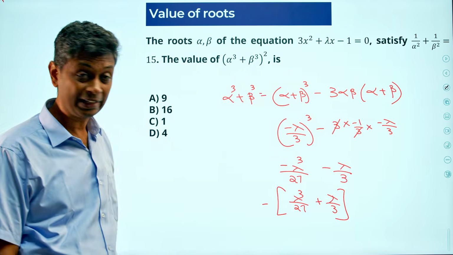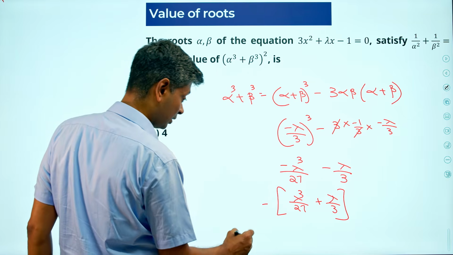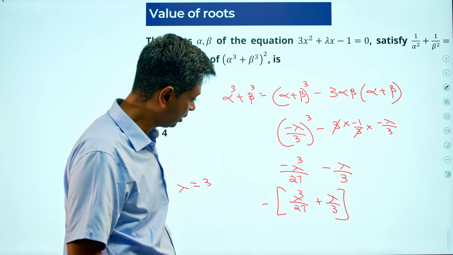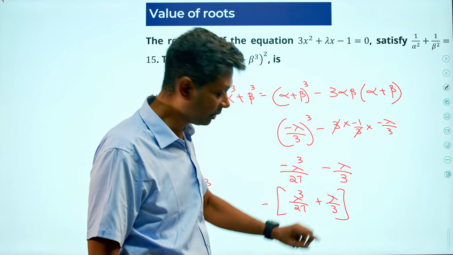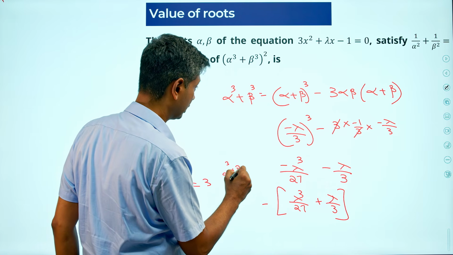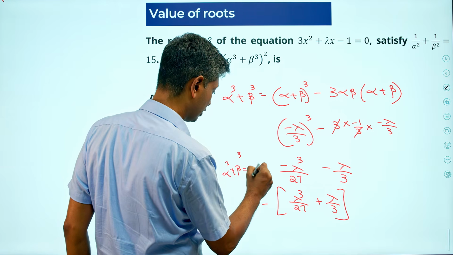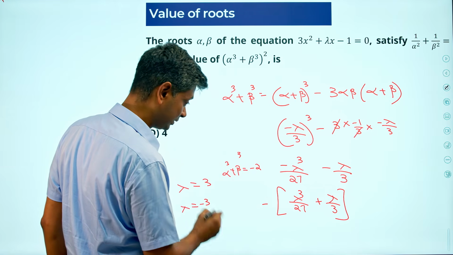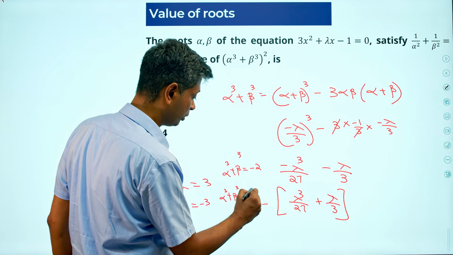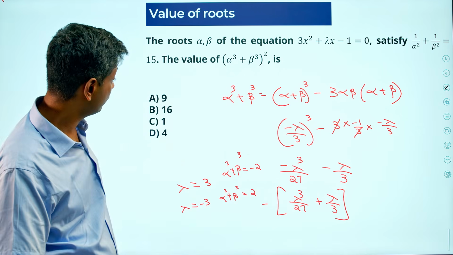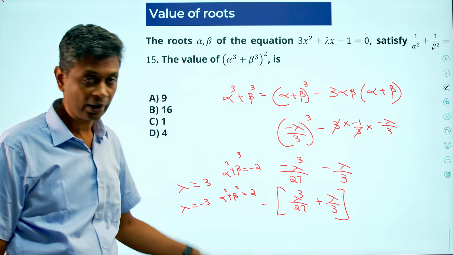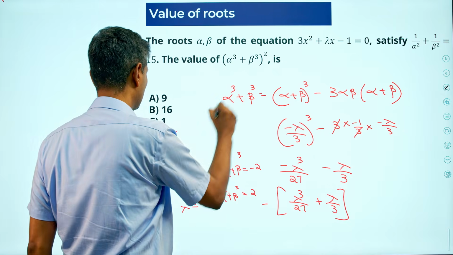If we put lambda equal to 3, alpha cube plus beta cube will be 27 by 27, 3 by 3, 2, so we get minus 2. If we put lambda equal to minus 3, we get alpha cube plus beta cube to be 2. We're interested in alpha cube plus beta cube whole square, so either minus 2 squared or 2 squared, both end up with 4.